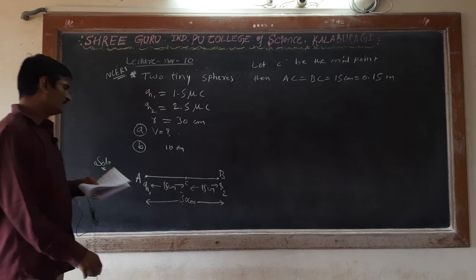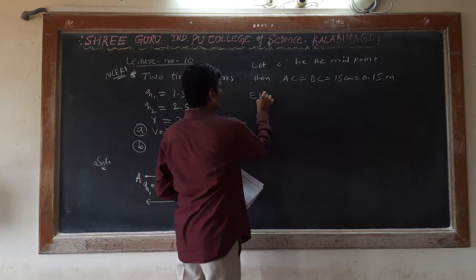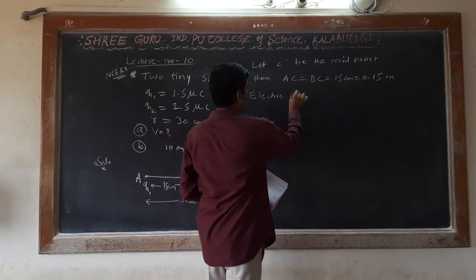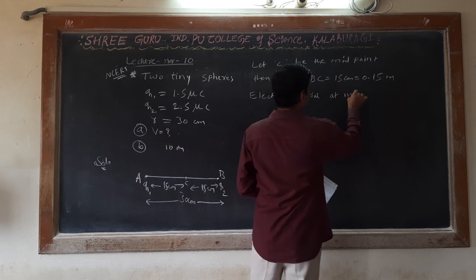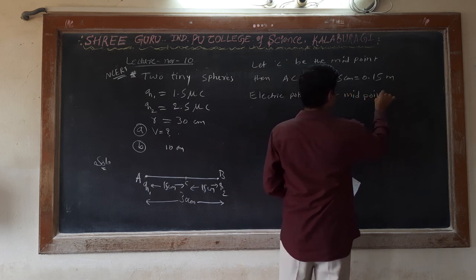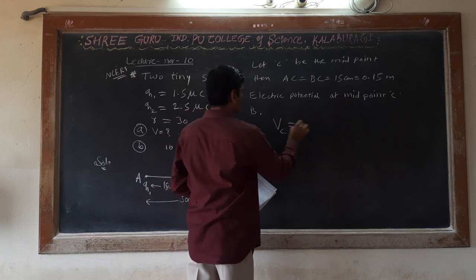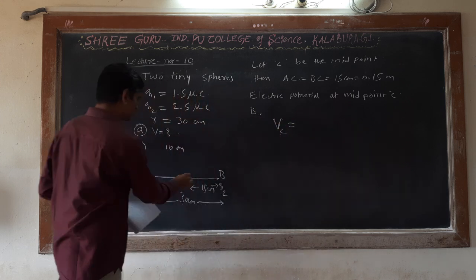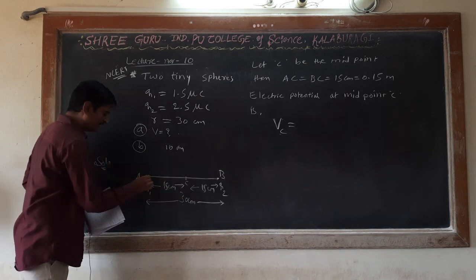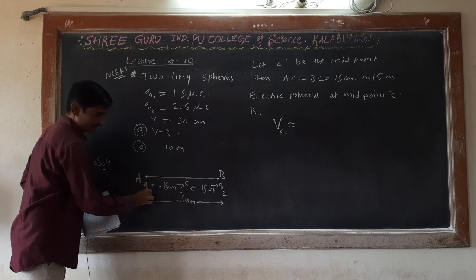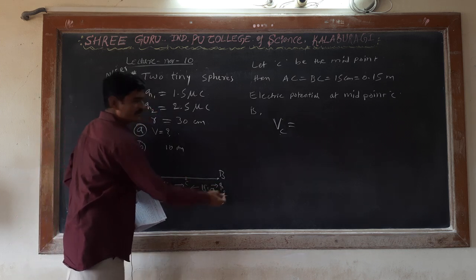So, now we want electric potential at the point C. So, electric potential at a midpoint C is VC, electric potential at the point C. VC is equal to electric potential at the point C due to the charge Q1 plus electric potential at the point C due to the charge Q2.